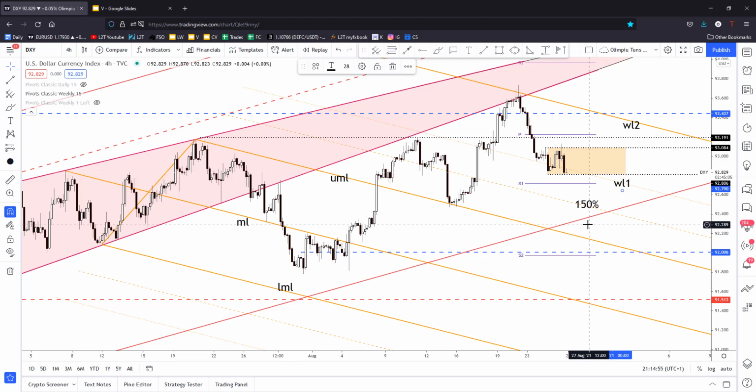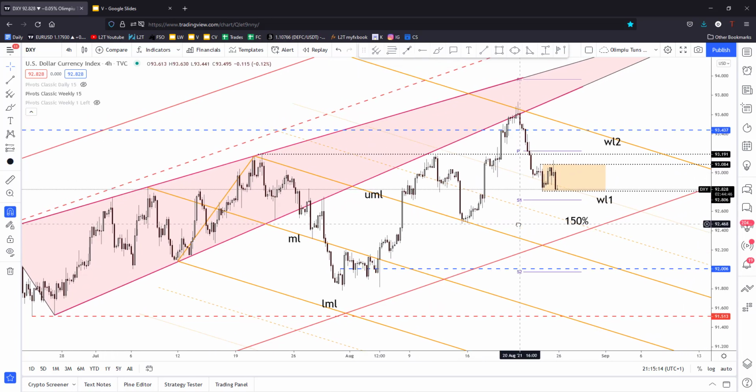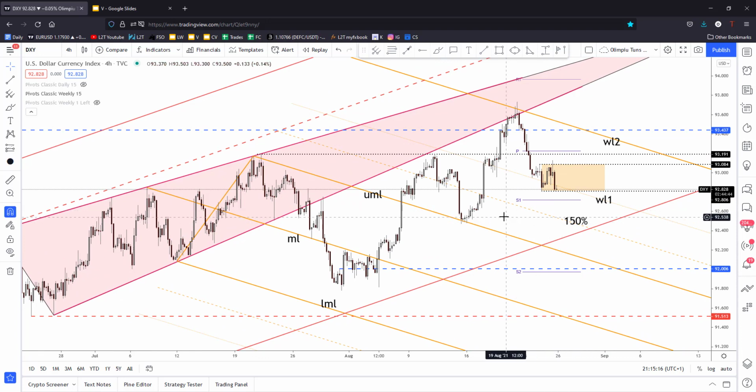A potential further drop could signal, guys, that the dollar could depreciate versus its rivals. Unfortunately, it has printed only a false breakout here above 93.08, signaling strong pressure. I told you guys that as long as it stays below 93.19, below the second warning line of the descending pitchfork, below 93.43, the pressure is still high.